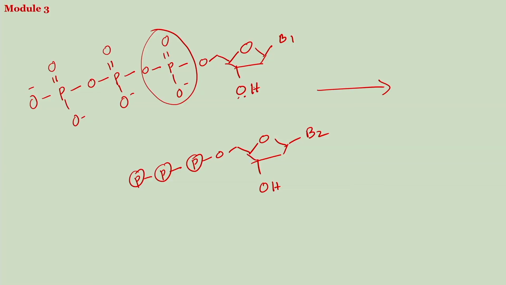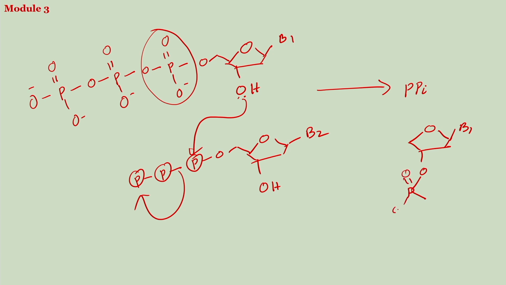The chemical reaction is only this: the 3 prime hydroxyl of the first base will react with the phosphate and eliminate a diphosphate, PPi, and you will get B1, P, B2, OH.